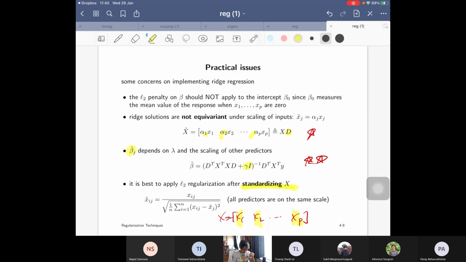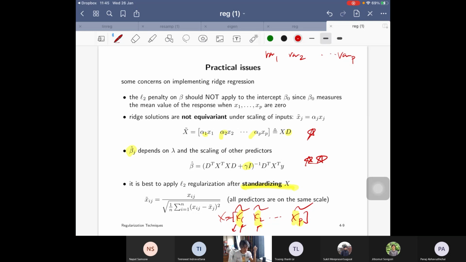So first we remove the mean, and then we standardize it so that each column has unit variance.